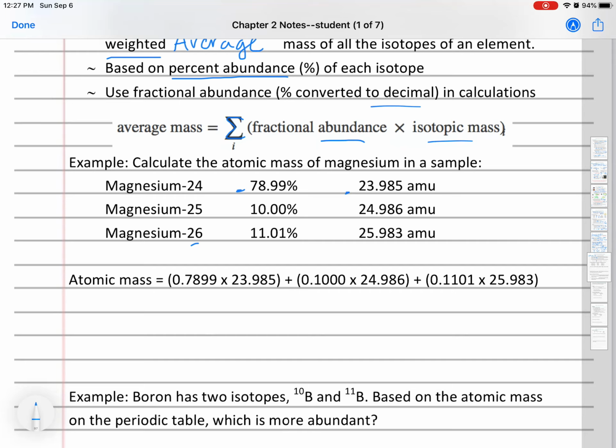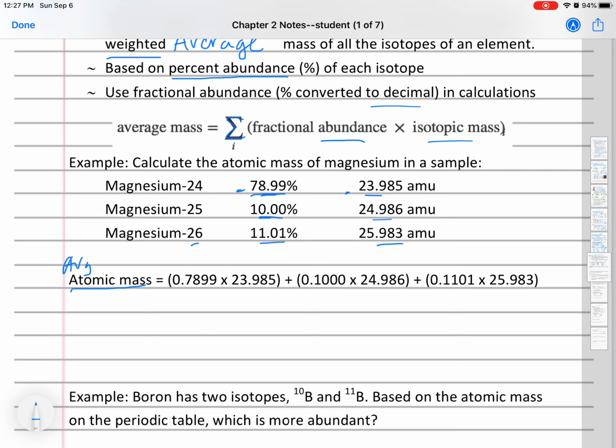All right, so when we do this calculation, we're going to figure out the atomic mass, which is an average. Sometimes I just call it the average atomic mass, just to clarify that. So we need to take the abundance of magnesium-24 times its mass, the abundance of magnesium-25 times its mass, and the abundance of magnesium-26 times its mass.